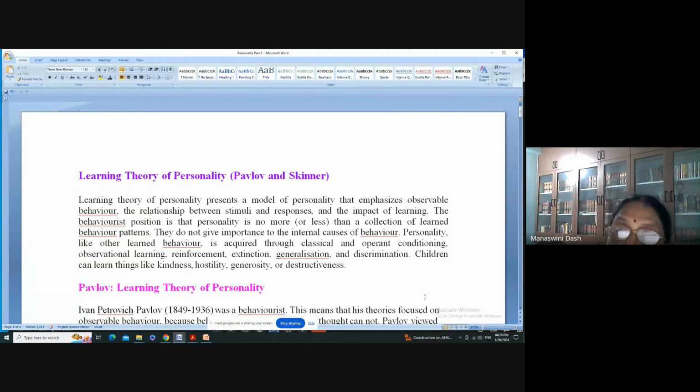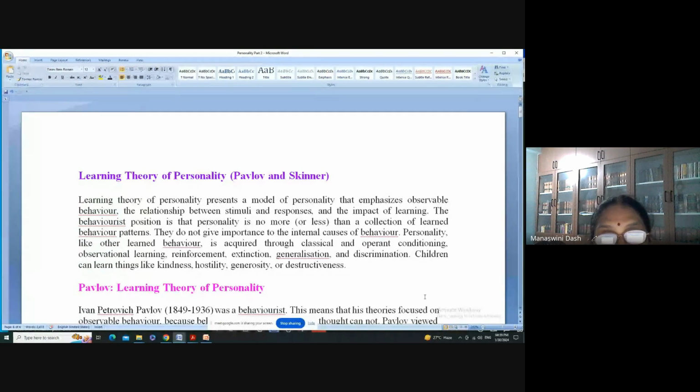And why does the person behave like this? Because his behavior has been reinforced in the past. This person has been reinforced for showing shy behavior. That's why he is now showing shy behavior.